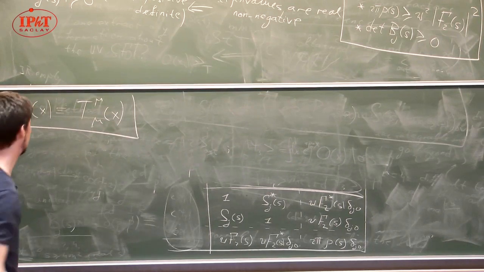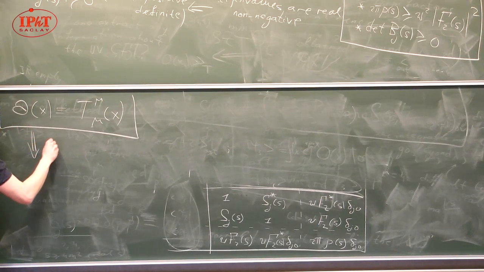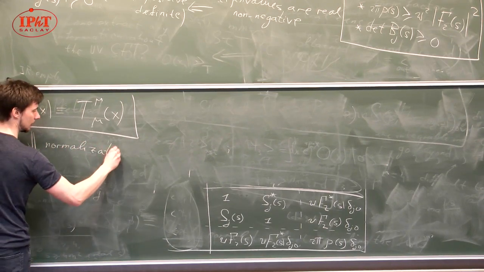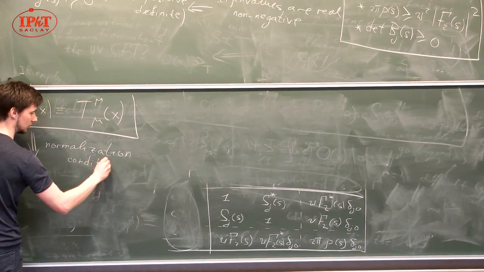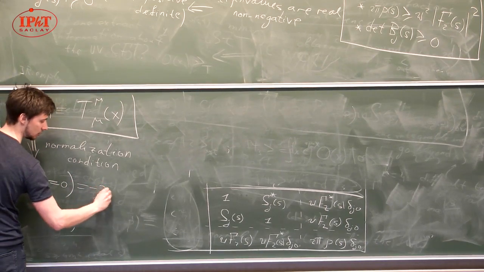In this case, there is an important consequence. There is a normalization condition that states that the two particle form factor at S evaluated to be 0 should be equal to minus 2m squared.